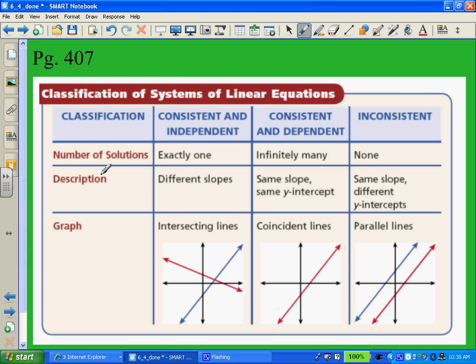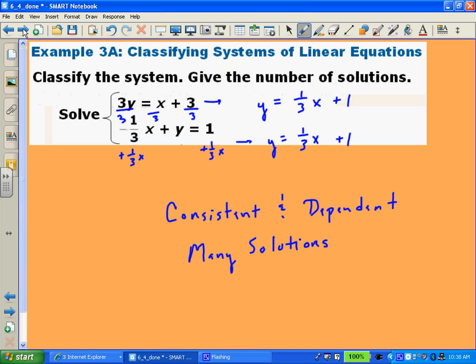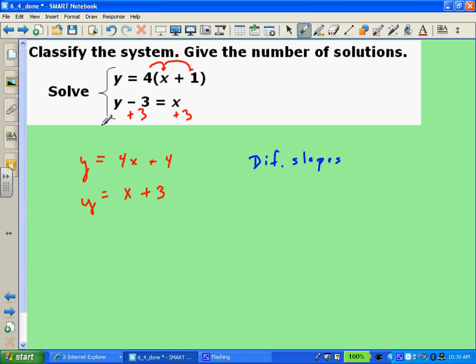And if I look back at my handy-dandy chart here, if I have different slopes, that means it's consistent and independent, and it has one solution. These are long words. One solution.